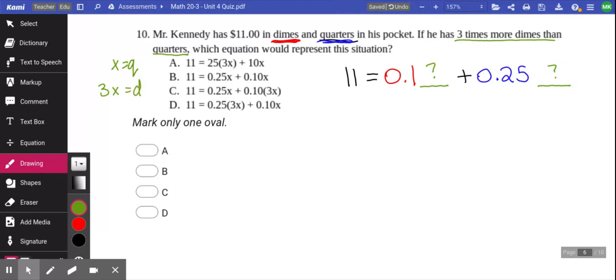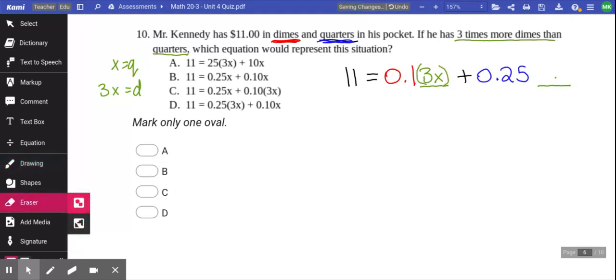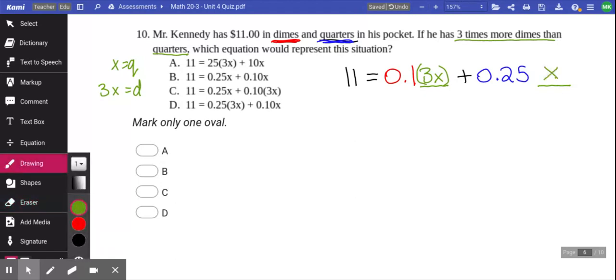So if I go back to this equation, that means in my dime spot, I could put 3x. In my quarter spot, I could put x. And if you look, that matches up with answer C. It's not in the same order, but it is the same answer. Right? There's my quarters times x. There's my dimes times 3x. Wicked.